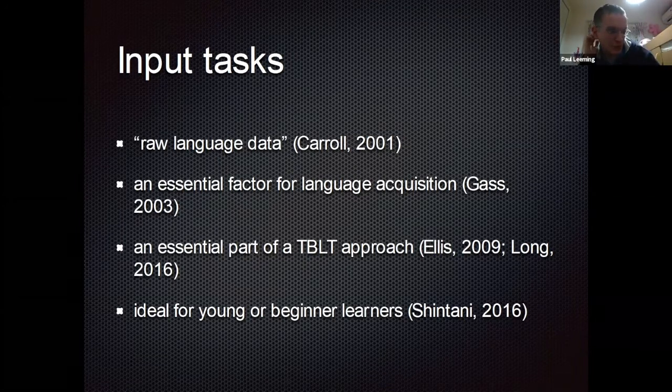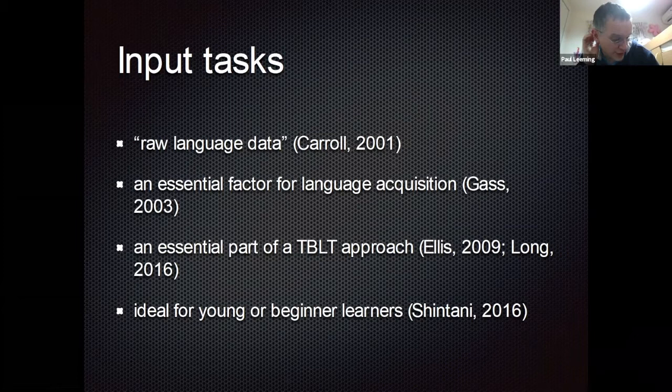That's the most important thing. Bringing up children in Japan bilingually, it's the input that's the main thing. They need to hear that language. You need that raw language data, as Carol says. Everyone agrees input is an essential factor for language acquisition. And actually, Ellis and Long would argue it's an essential part of a TBLT approach. And that comes through input tasks.